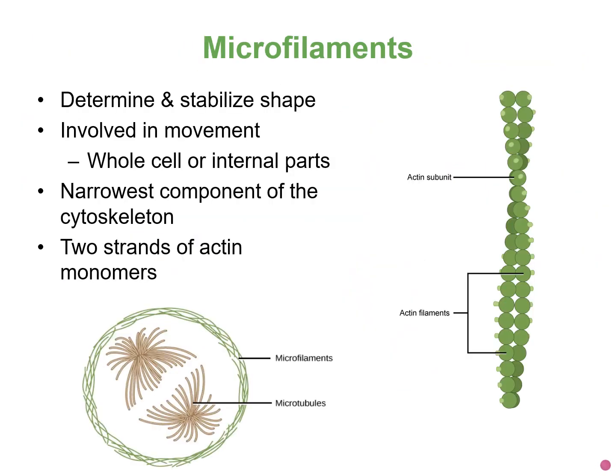So let's go through each of these in detail, starting with the smallest or narrowest one. Microfilaments are made from actin subunits. So each of these single green sphere-like structures is an actin protein subunit. You have two chains of them that are intertwined to produce your microfilaments. As I mentioned earlier, these are primarily involved in cell shape.